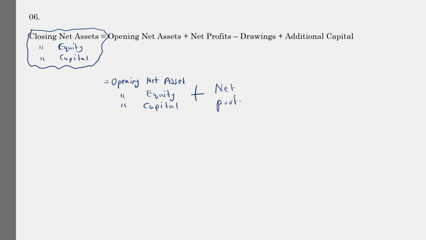Net profits you have to add, minus the drawings, because drawings will reduce the ownership, plus whatever the additional capital. If the owners pumped in more money, it will increase the equity, so plus additional capital. So this is your closing net asset or closing equity or closing capital. All the names are the same.